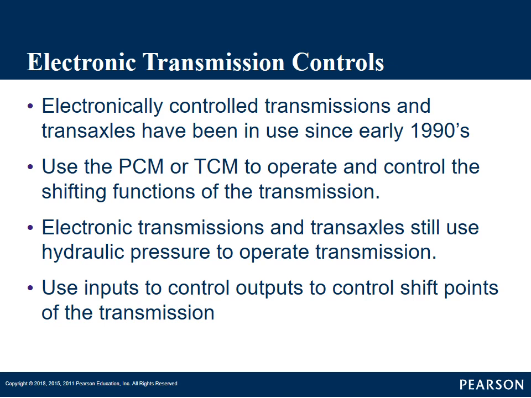But as these systems have gotten more sophisticated, and as we now have our CAN bus, if you remember from Engine Performance 2, we can communicate much better between the modules and use less wiring to do it, so you're starting to see more and more vehicles with a separate transmission control module.